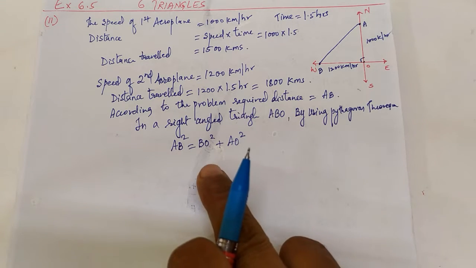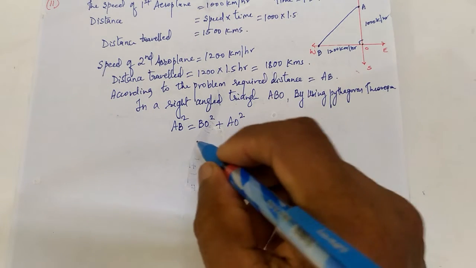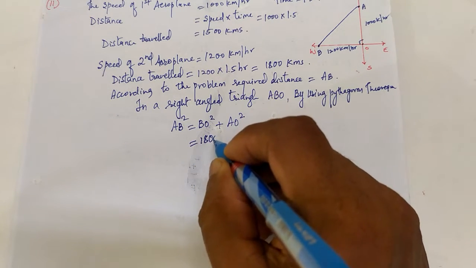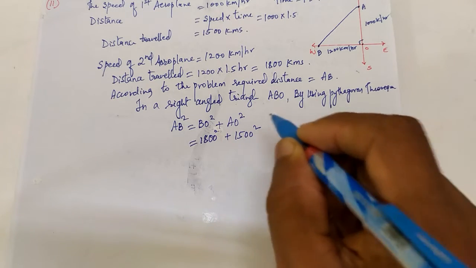We have found out this BO as 1800 kilometers. So it will be 1800 square plus 1500 square.